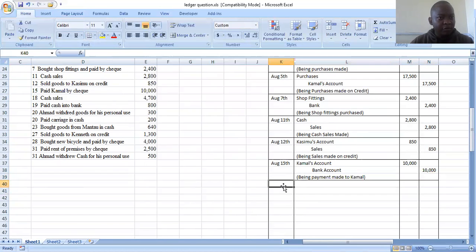Then move on to the other transaction, cash sales of 4,700 on August 18th.